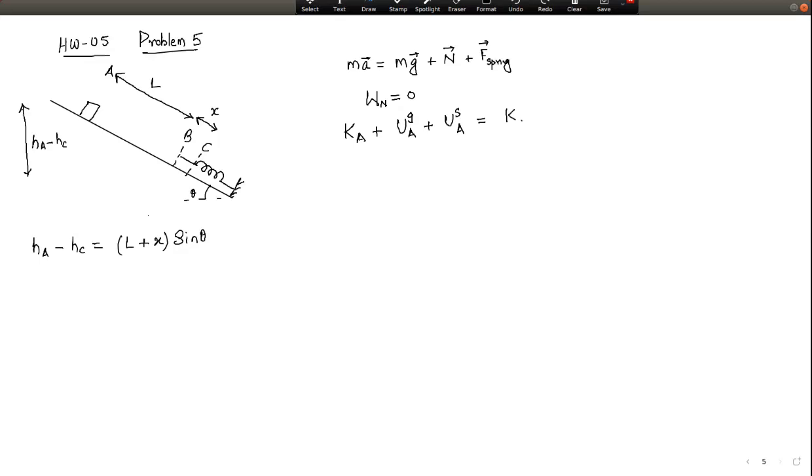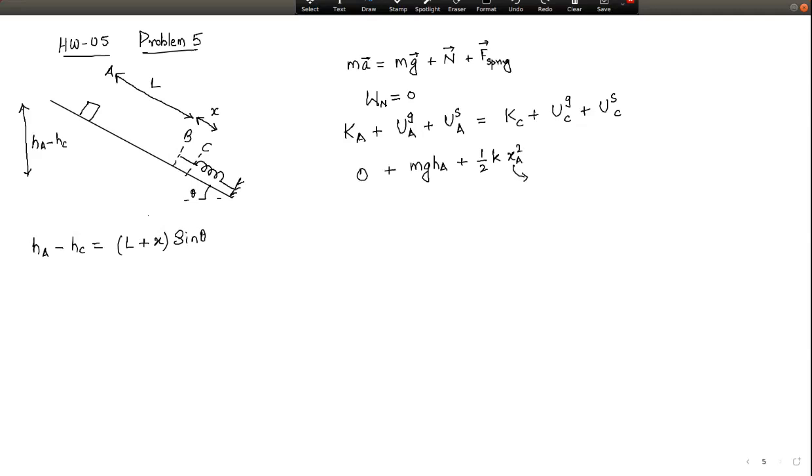We are interested in the extreme. We are not interested in point B here in this problem. And potential energy stored in gravity at point C and potential energy stored in the spring at point C. The mass starts from rest, so kinetic energy at point A is 0 plus mg height at point A plus half k x_A squared, that's equal to 0.